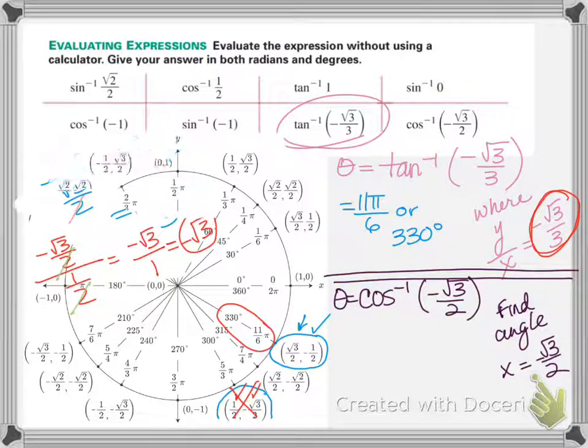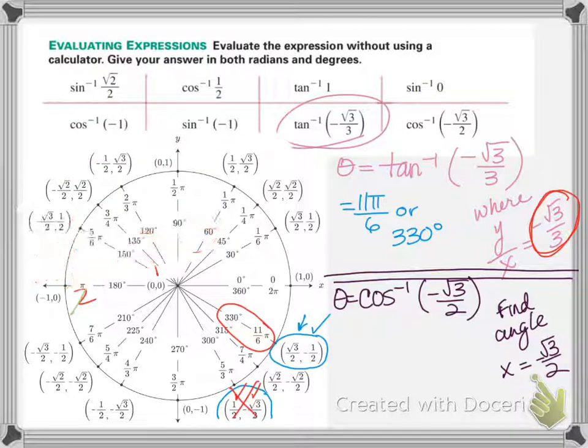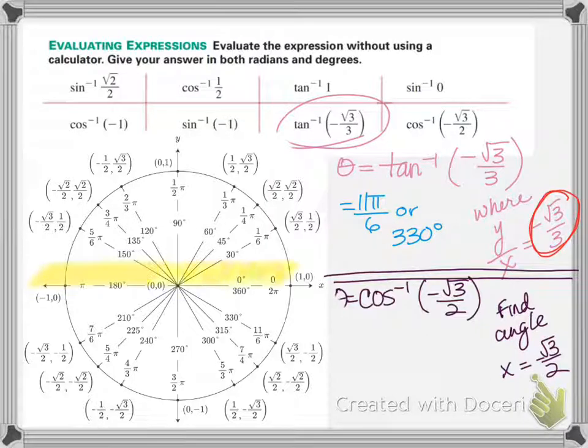Well, let's erase all this mess here. Where are our cosine inverse answers? The inverse cosine angles are located upstairs, right here somewhere. So where is our x? Negative square root of 3 over 2. So checking x's. Oh, wait, they said negative.